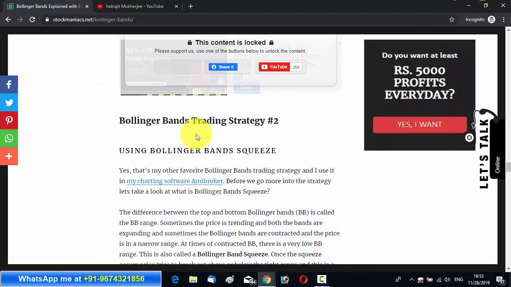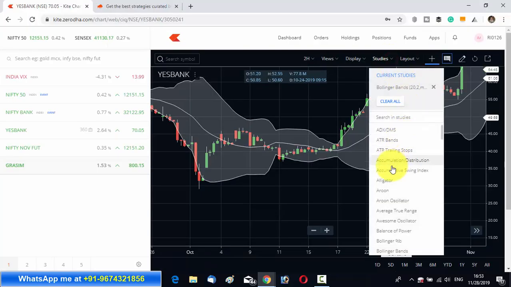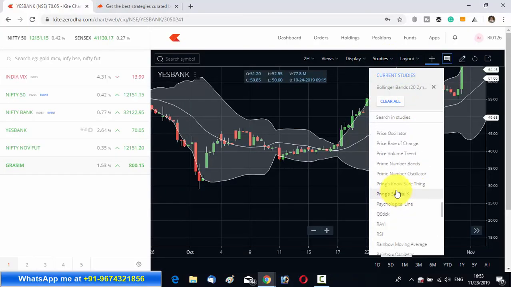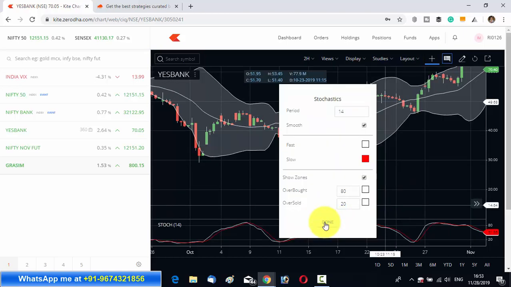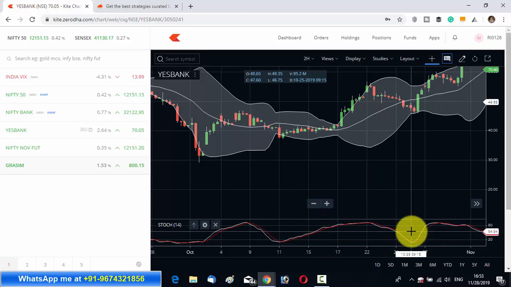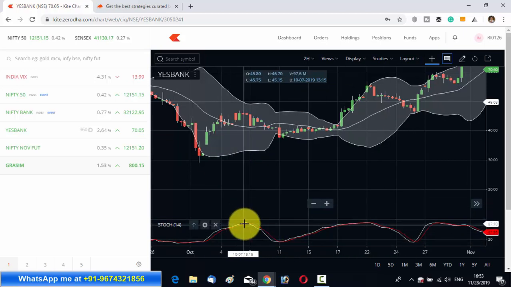So you can create long and short positions using the Bollinger Bands alone. I'll suggest you can also use some oscillators to mix and match with the Bollinger Bands. For this I'll suggest using stochastics. So with stochastics and Bollinger Bands, you can see how the stochastics and Bollinger Band combo describes the market cycle.